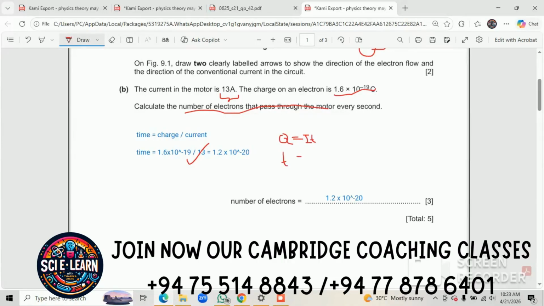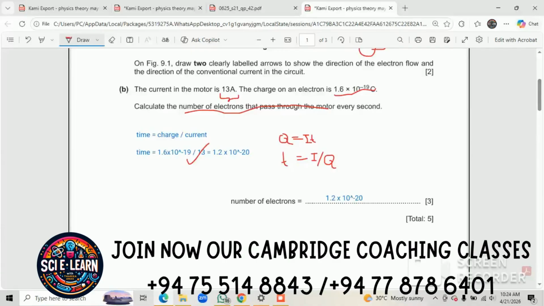If you make time the subject from Q equals IT, time is equal to what? Current divided by charge, right? Current equals charge divided by time.